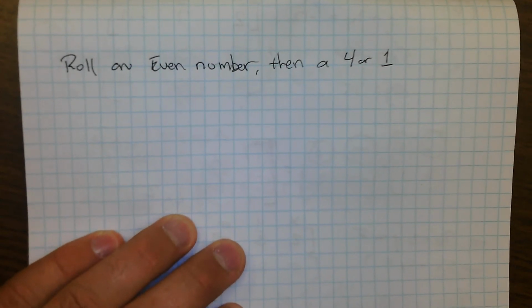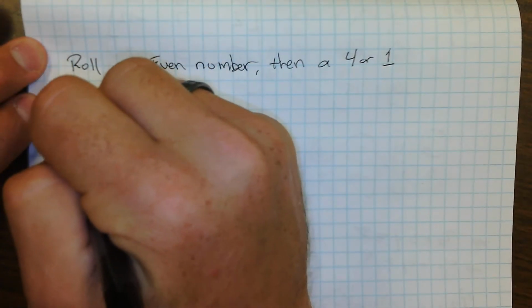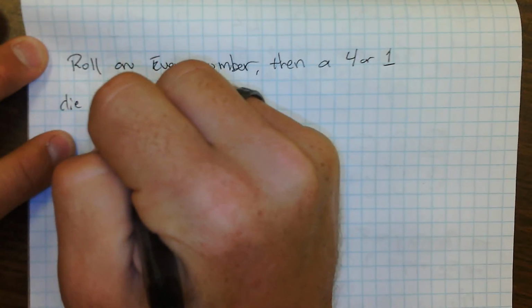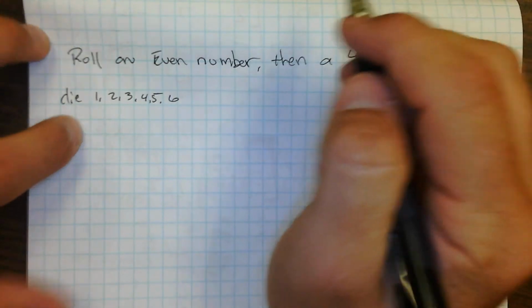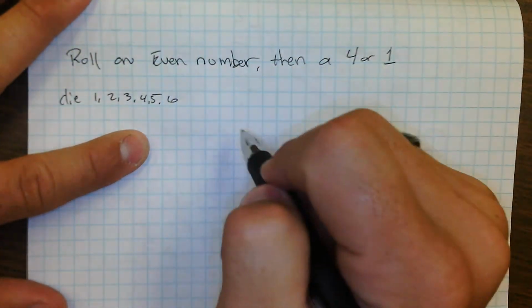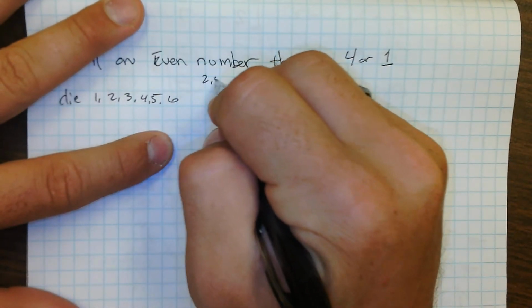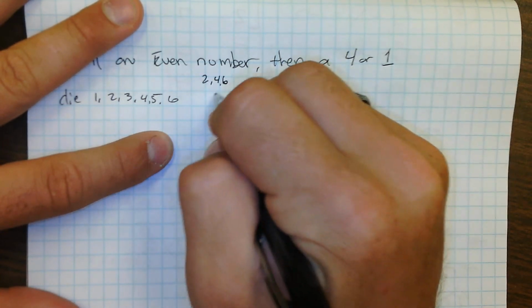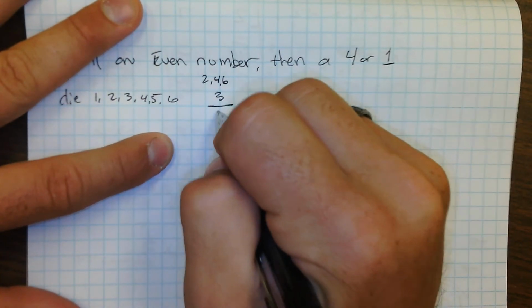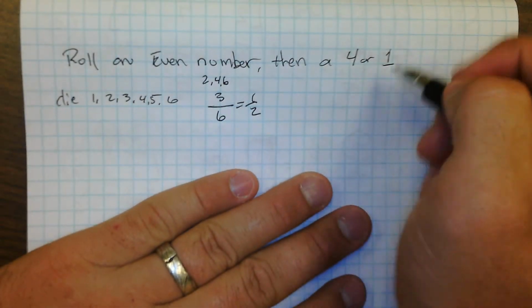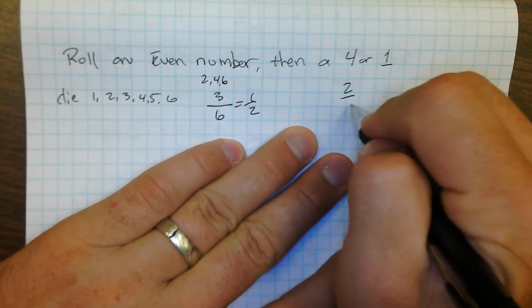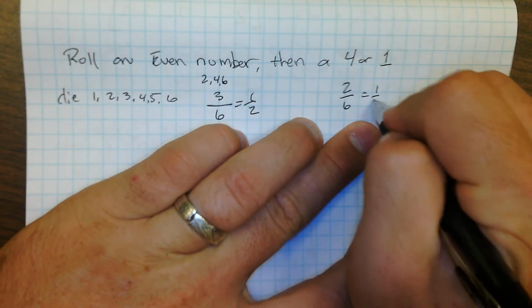Now, possible outcomes for a die are still 1, 2, 3, 4, 5, and 6. Now for an even number though, that's either 2, 4, or 6. So there's 3 outcomes out of 6, which is 1/2. And then a 4 or 1, 2 outcomes out of 6, which is 1/3.